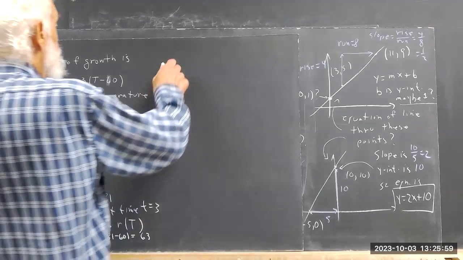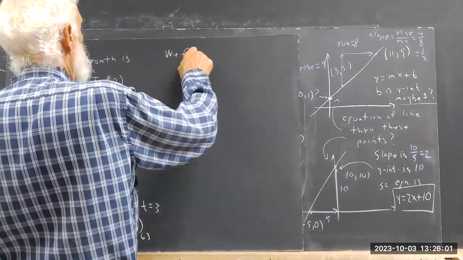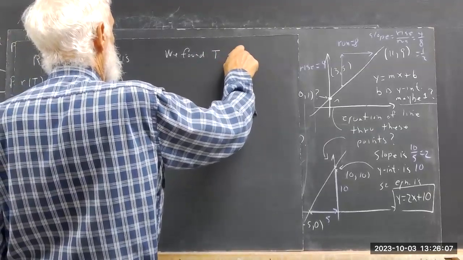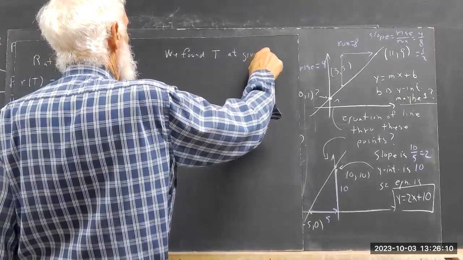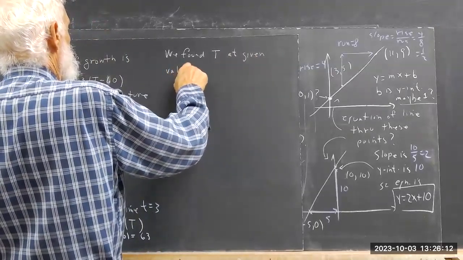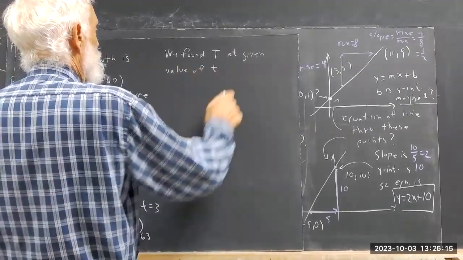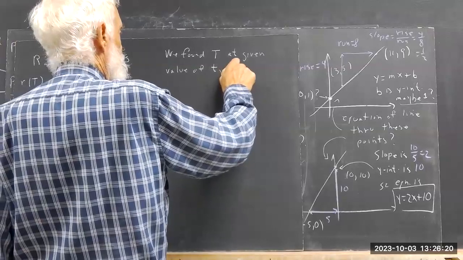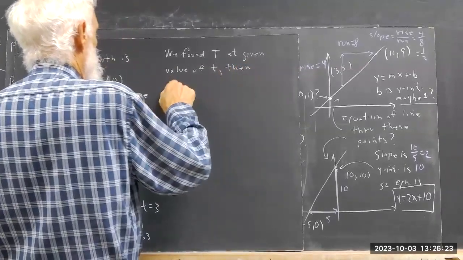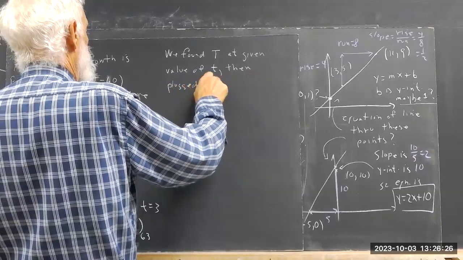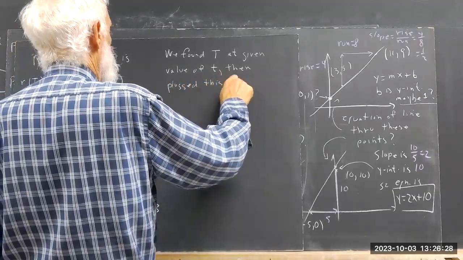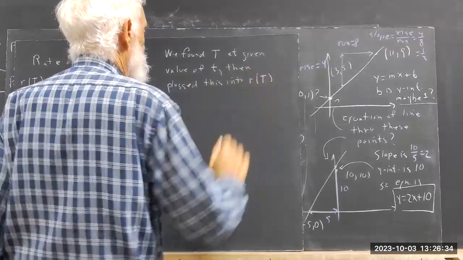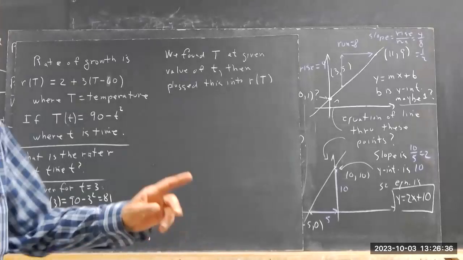What we just did was we found big T at a given value of little t. Plug this into our big T function, right?